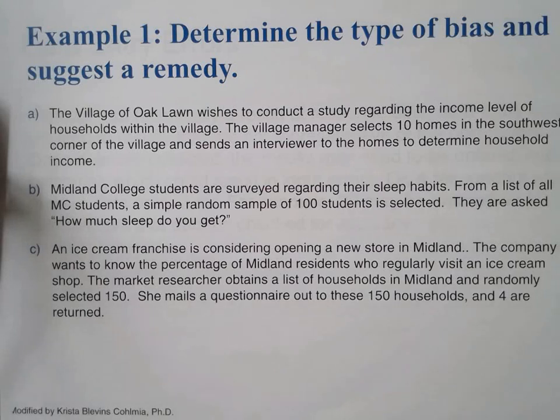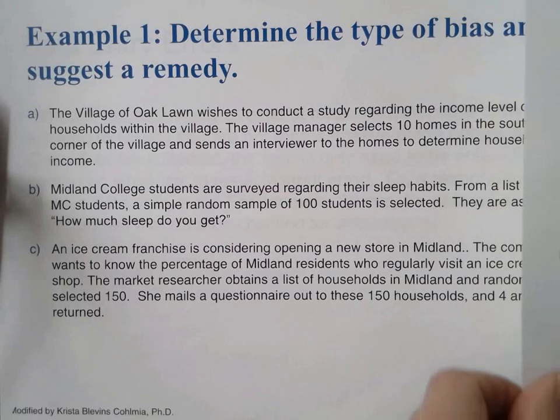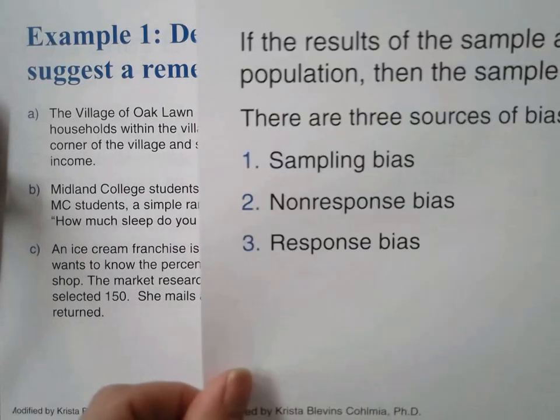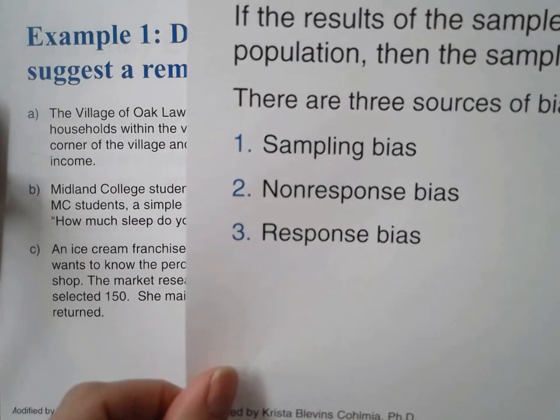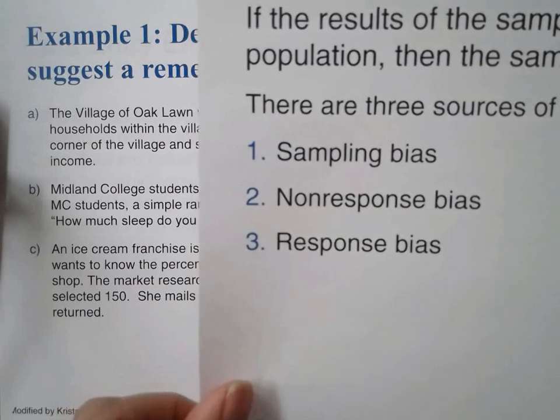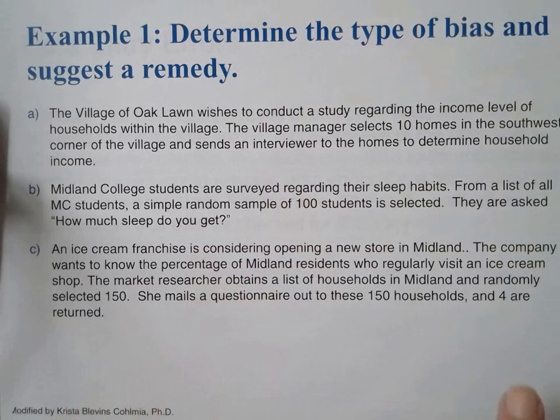to determine household income. Okay, so remember that we had 3 sources of bias. We had sampling bias, non-response bias, and response bias. Back here on this slide. You want to conduct a study regarding the income level of households within a whole village, and you're sampling homes in the southwest corner.